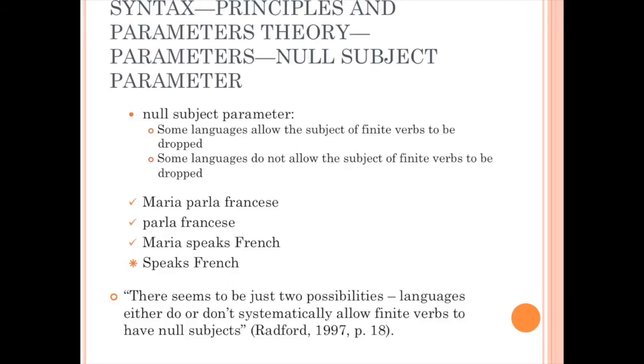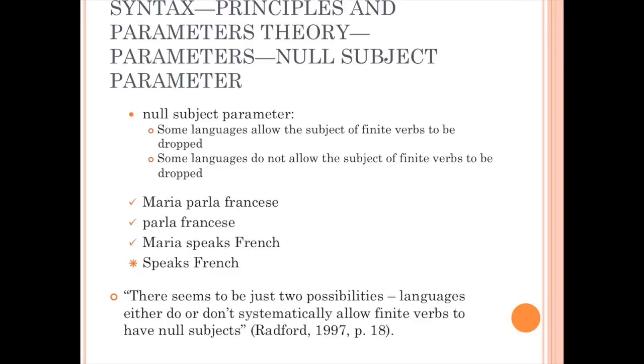And this parameter is binary, either null or non-null. Your language either allows you to drop the subject of finite verbs, or it does not. There appear to be no languages which allow the subjects of some finite verbs to be null, but not others.